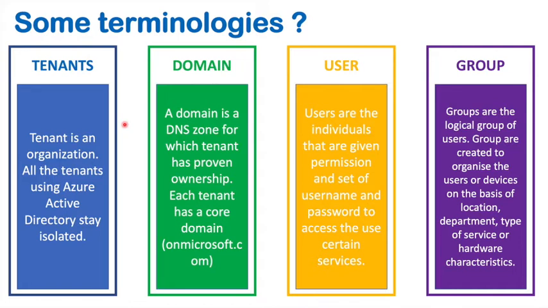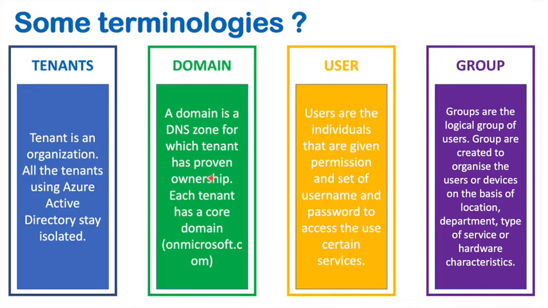So you can treat a tenant as one organization, one company, and all the tenants connect to the Azure Cloud Active Directory. But Azure isolates all the tenants, so there is no connectivity from one tenant to another tenant. So you can just assume a tenant is one organization. So abc.com is one company, so this is one tenant.